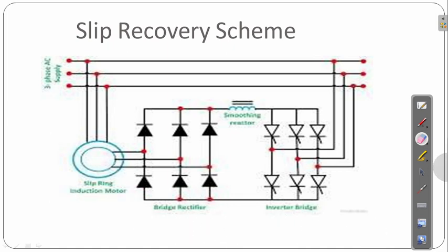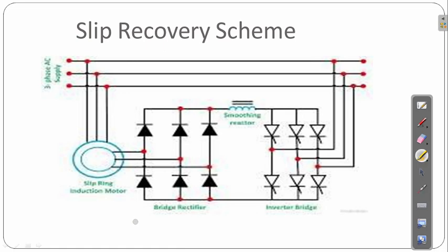Then after that, the smooth reactor is connected with this bridge rectifier to have a smooth output of that DC. Then it will be connected to the inverter bridge. What is the working of inverters?